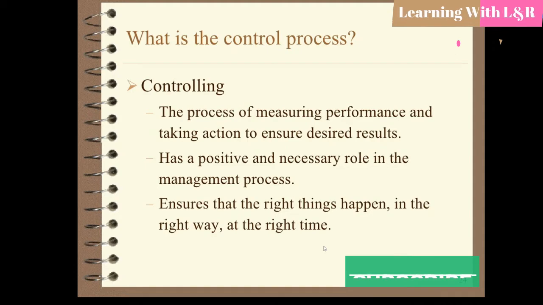The process of measuring performance and taking action to ensure desired results, that is controlling, has a positive and necessary role in the management process. It is very important in nursing management. It ensures that the right things happen in the right way at the right time.